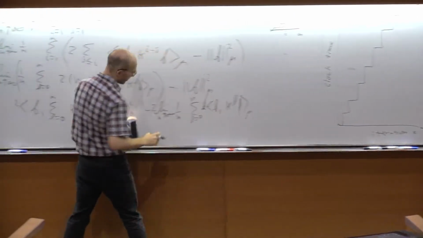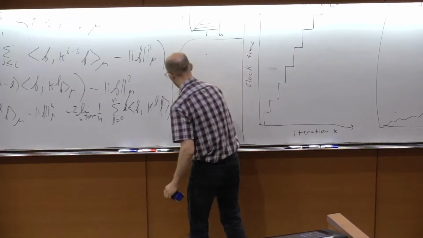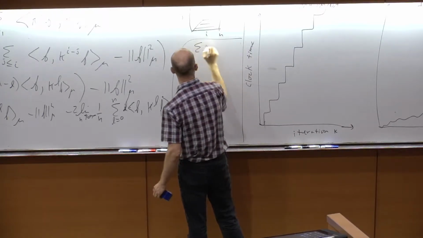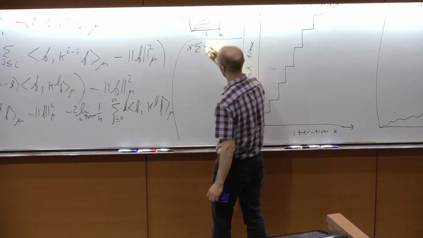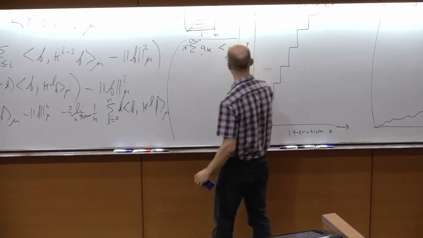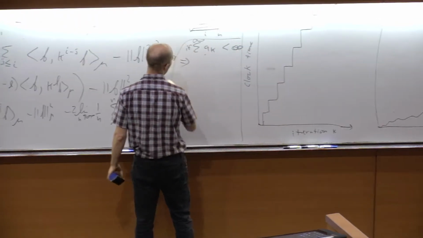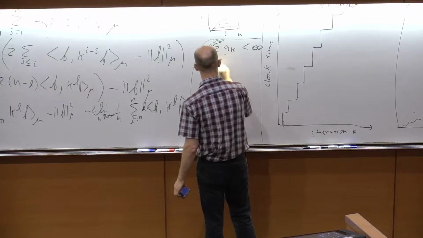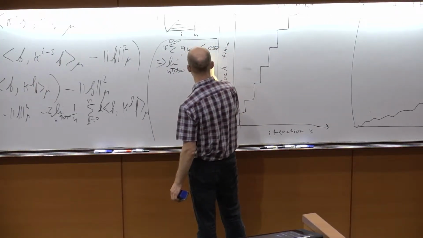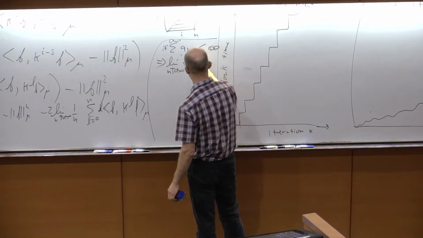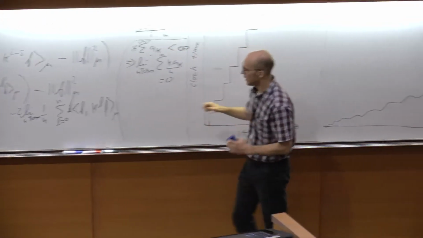And so there's a fact from real analysis that if the sum of a_k is finite, then this implies that the limit as n goes to infinity of k a_k equals 0.